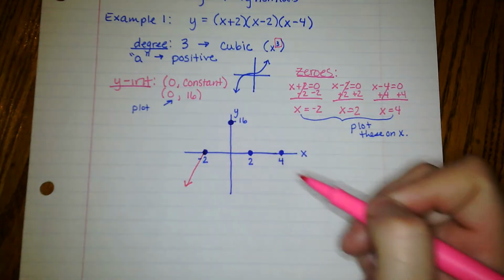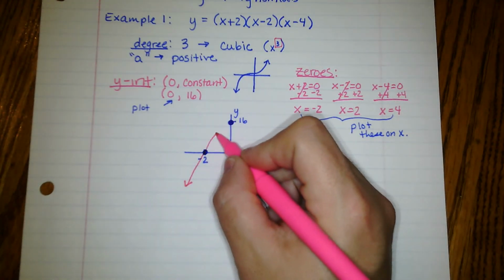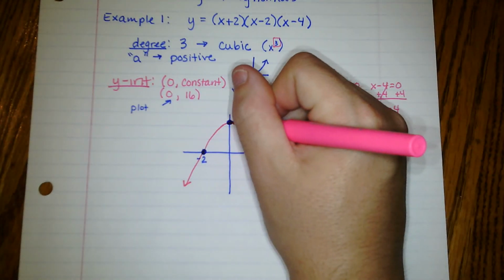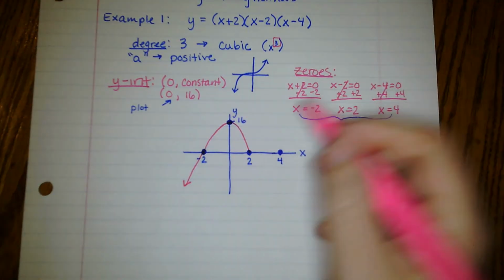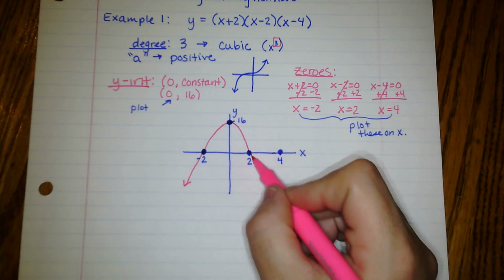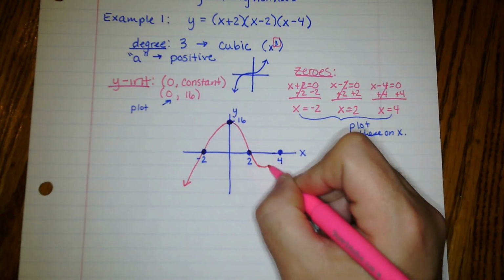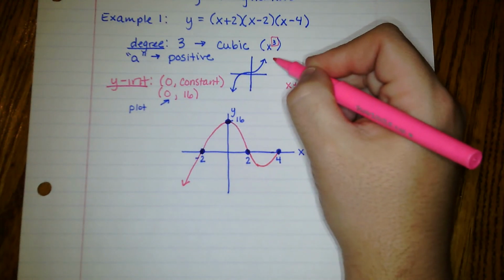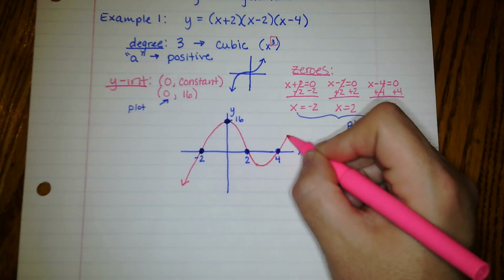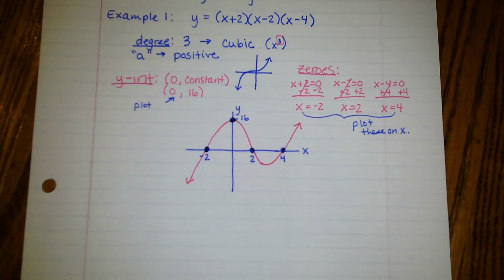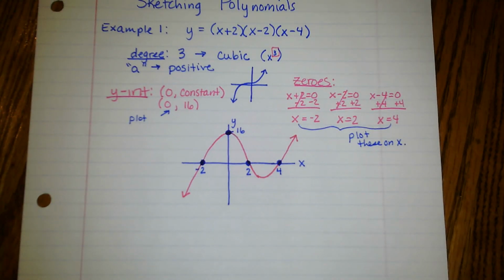The next point that I hit is 16, so I'm going to cross through 16. The next point I hit is 2, so I have to swoop back down to 2. Then it's got to cross through 2, and then it's got to swoop back up to 4. And it's got to end top right, so it's going to go this way. And this is our perfect sketch of what our cubic looks like.